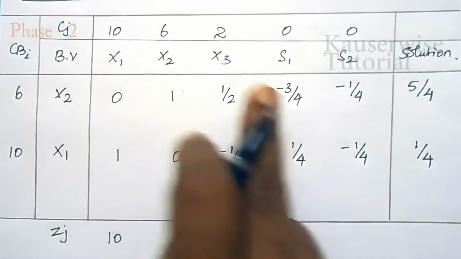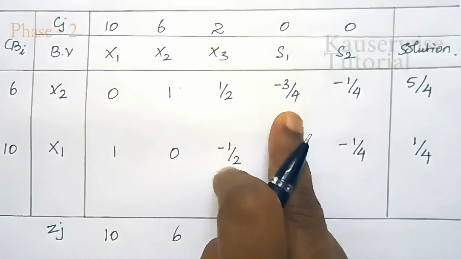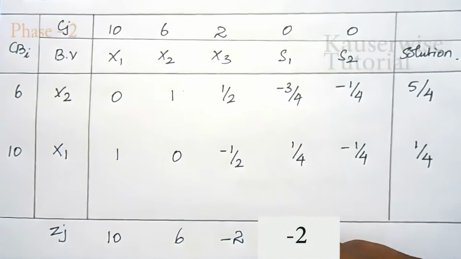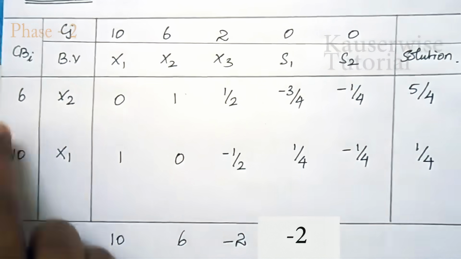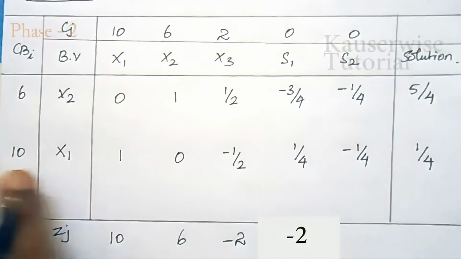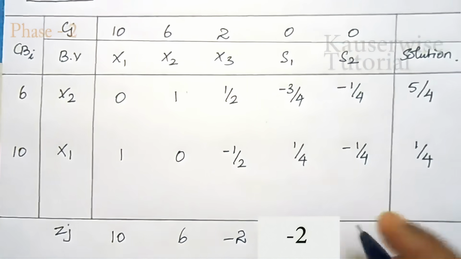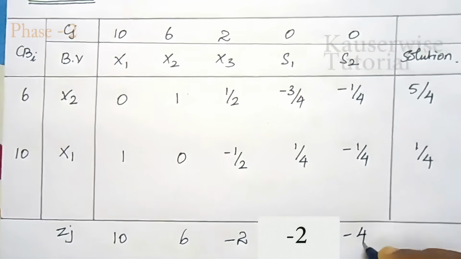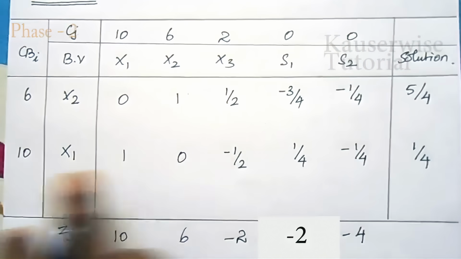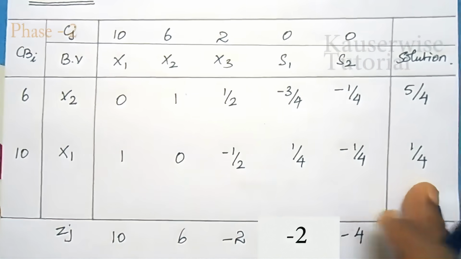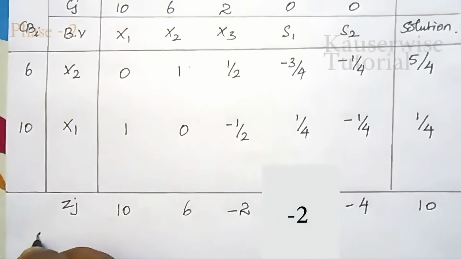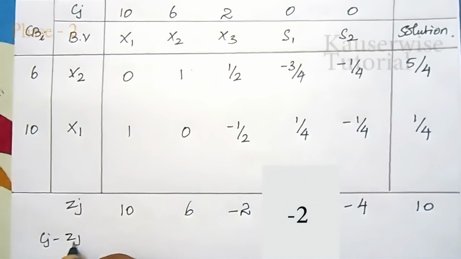Next one, 6 into minus 3 by 4 plus 10 into 1 by 4, the answer is minus 2. Next one, 6 into minus 1 by 4 plus 10 into minus 1 by 4, the answer is minus 4. For solution, 6 into 5 by 4 plus 10 into 1 by 4, the answer is 10.